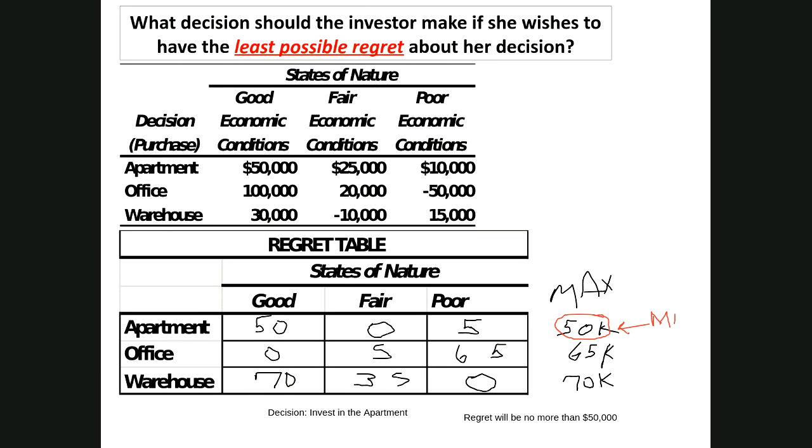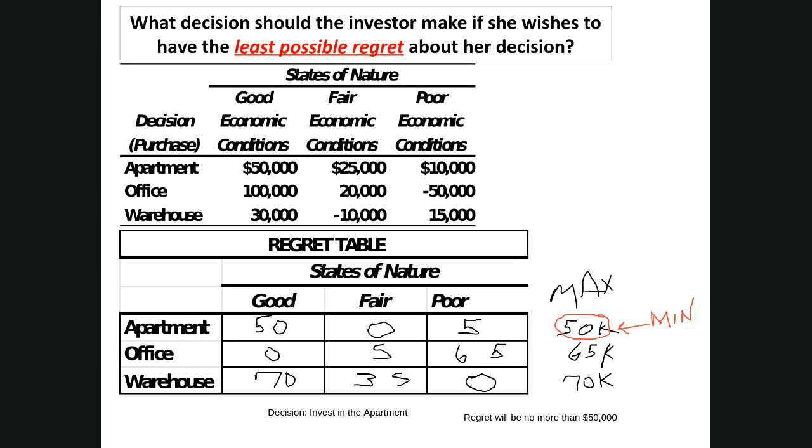So minimax. The other point that I wanted to make here before we finish this is that some of you will add these regrets. So in other words, some will come up with 55 for the apartment, 70 for the office, and 105 for the warehouse. But that's not what you should do.